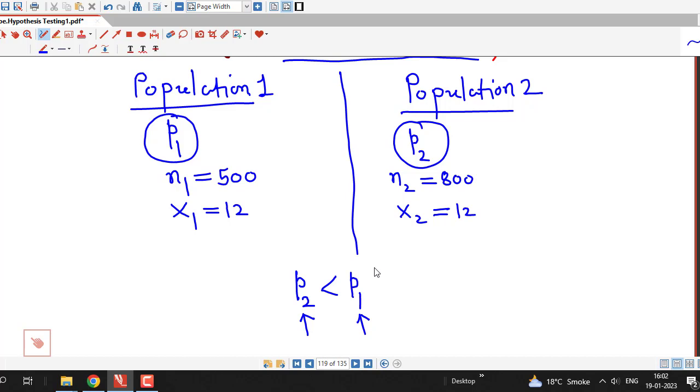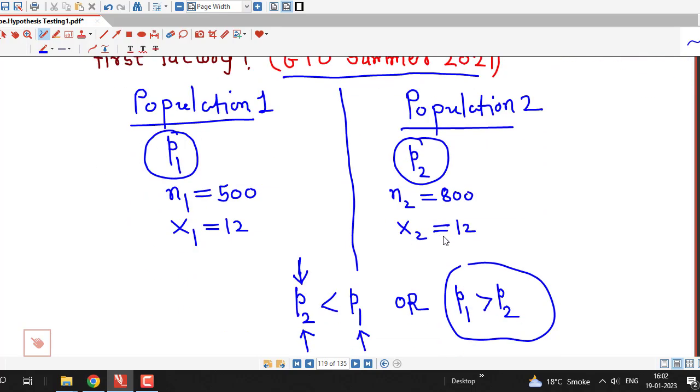This P1 and P2 are the proportion of defective units in factory 1 and factory 2 respectively.